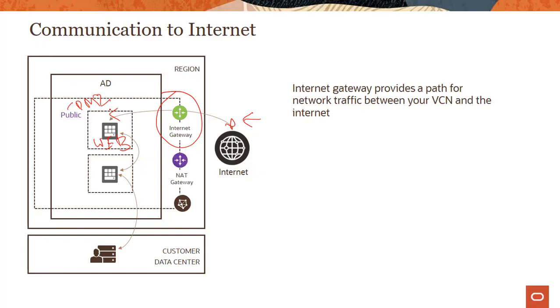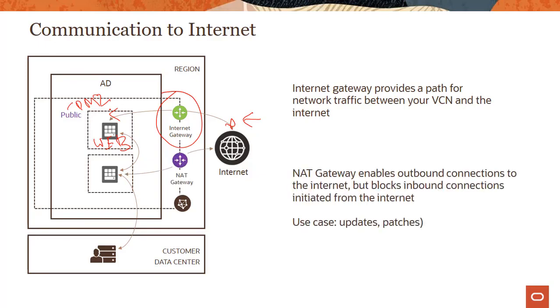Now, on the other side, you might still want to reach the internet, but you want to reach it in a secure fashion. Let's say you are running a database here, and your database needs patching, of course, right? So for it to get the patches, it still needs to go to the internet and get the patches back.